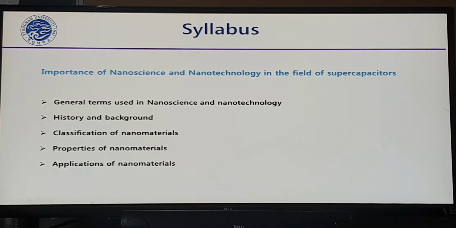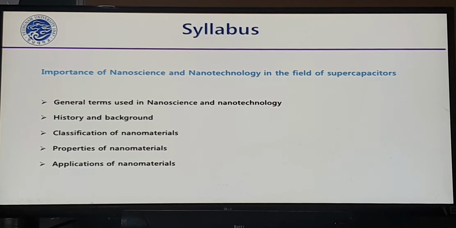In any present scenario, in any field, whether it may be supercapacitors or batteries or any energy related field, we are all aware of nanoscience and nanotechnology, because this field changes the technology of the whole world.